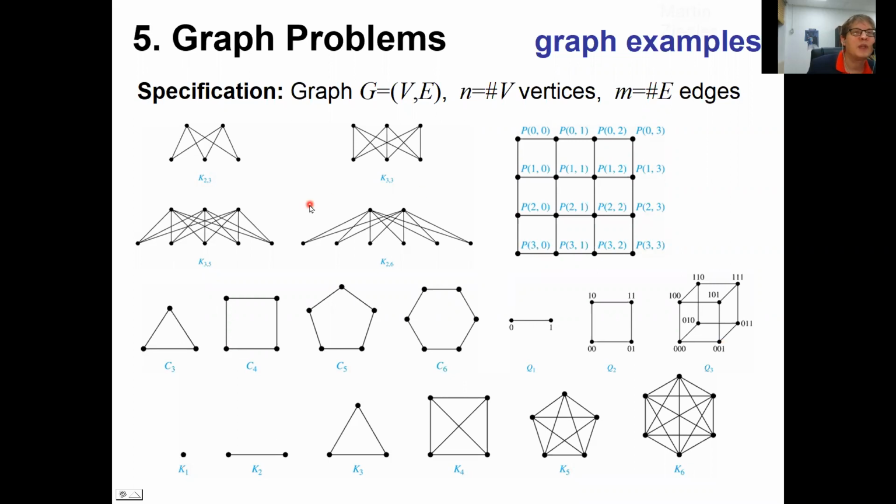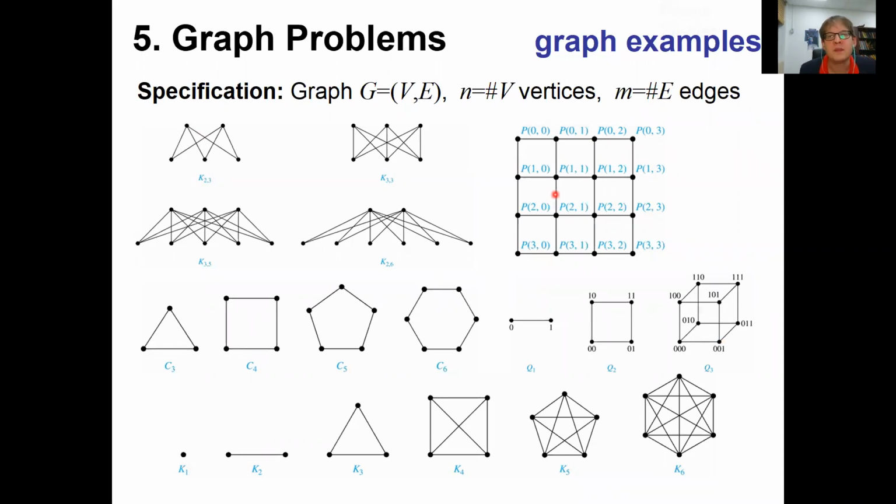The complete bipartite graphs are parameterized with 2 parameters, size of the first group, size of the second group. And the grid graphs are parameterized by the size of the grid in one direction and in the other, and maybe they are higher dimensional, with additional magnitudes to consider.